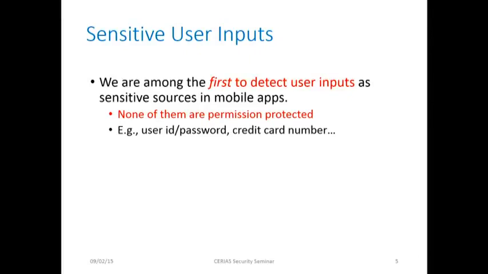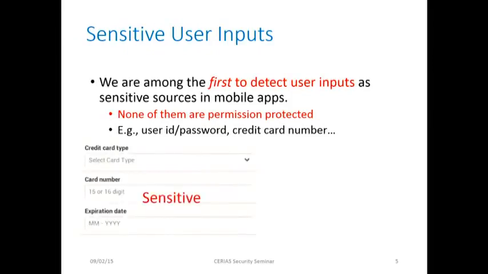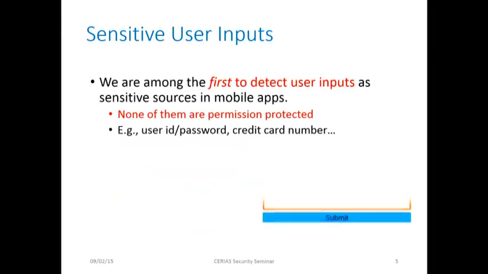It's very common for mobile apps to have user inputs, and none of them are permission protected. Therefore, we need to understand the context of the inputs to determine whether they are sensitive or insensitive. One example is that the input of a credit card number is sensitive, but the comment for an app is insensitive.